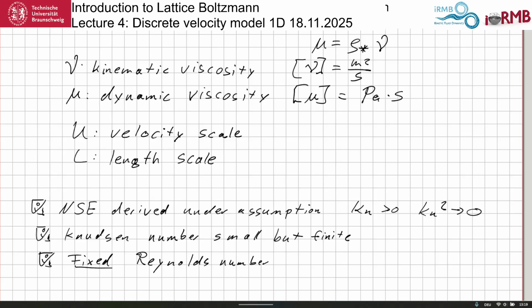We are not doing it here, but it exists. Very briefly, for context, the Chapman-Enskog expansion is an expansion technique similar to what we did last time: we do a Taylor expansion and go from the kinetic equation to the Navier-Stokes equation. So it has a similar purpose.